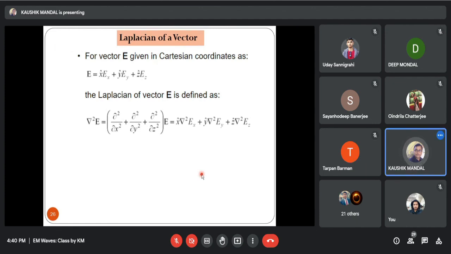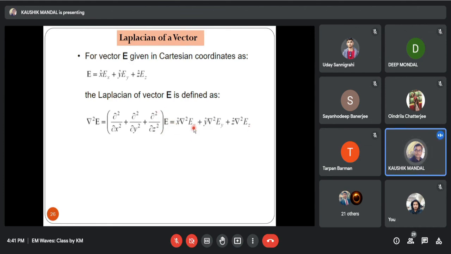Now the Laplacian of a scalar quantity we have discussed, that is del square V. Now we have to consider the Laplacian of a vector quantity. For a vector given in a Cartesian coordinate system in this particular form, with x cap, y cap, and z cap, the Laplacian of the vector you can write as del square equal to del 2 by del x square, del 2 by del y square, del 2 by del z square, with the vector outside.